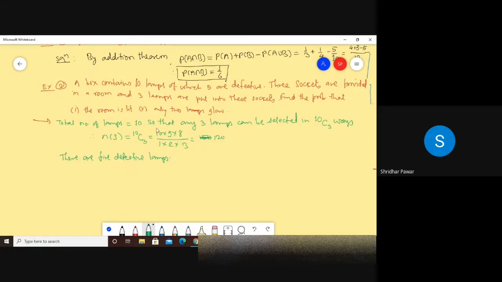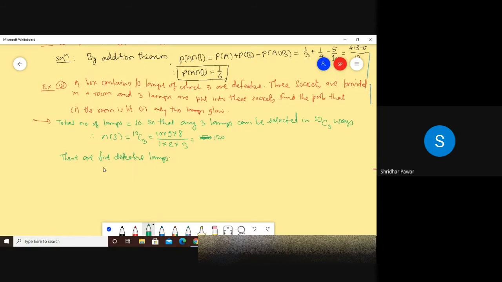Okay, so there are 5 defective means 5 lamps are non-defective. That means if the room is to be lit, yes, you are choosing any 3. So if there is light in the room, at least 1 lamp should be non-defective.